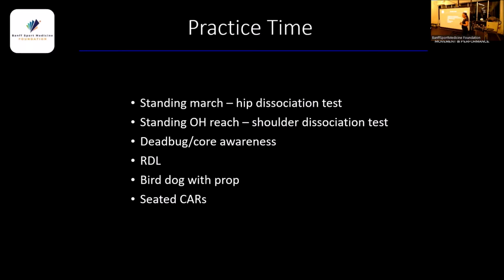Usually I have good success rolling for people, and then it's easy enough for them to get overhead, especially if you're a climber or an ice climber. Overhead is an important position for you to be in. Realistically, if you don't need to be overhead all the time, as long as you're not cheating with your low back, it doesn't matter that much, but it depends on the person and what you do. Any other questions about shoulders?